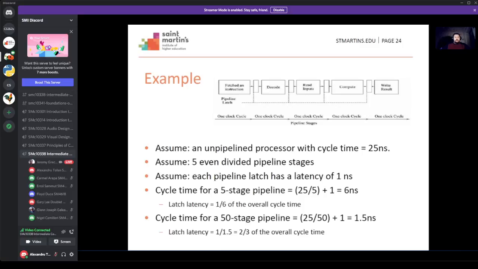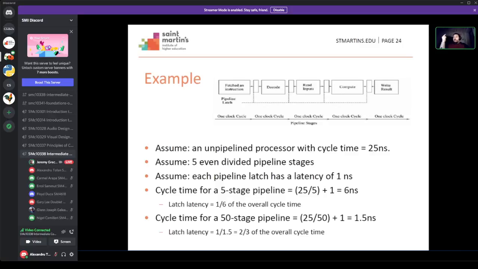So essentially, 1/6 of your execution time on your CPU is going to be wasted. You might say, but what if I have more stages? Say a 50-stage pipeline, and it also takes 25 nanoseconds to execute a particular instruction. Then each stage will take 25 over 50 nanoseconds to compute.